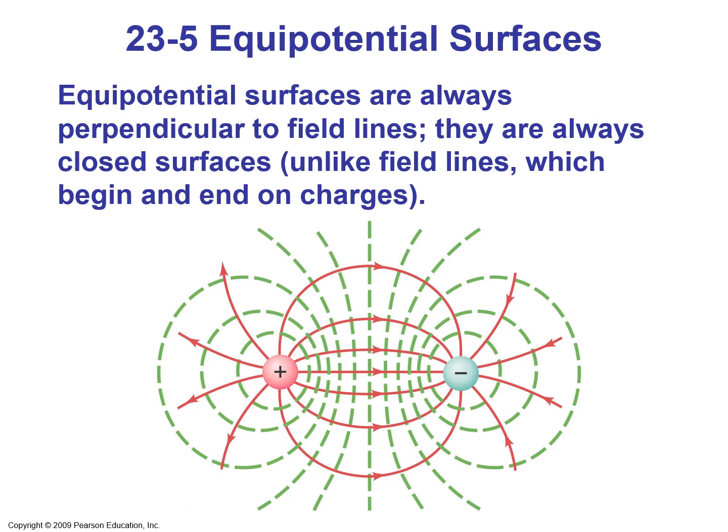Here we can see a dipole consisting of positive and negative charges. The field lines originate from the positive charge and go all the way to the negative charge, so they begin and end on charges. Over these field lines, we have the green dashed lines representing the surfaces of constant potential, or equipotential surfaces. These are closed surfaces, perpendicular to the electric field lines.